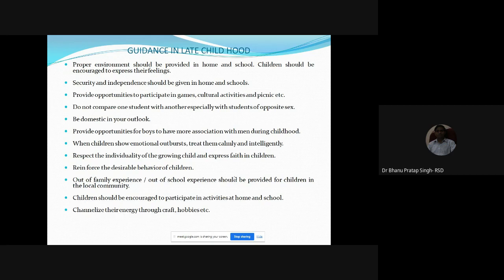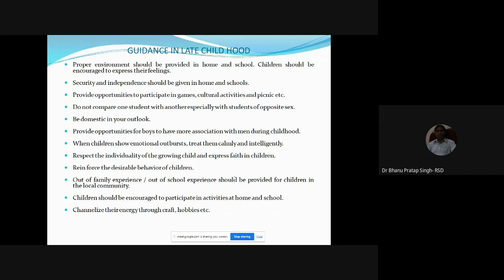So what should be the guidance? We have discussed the guidance yesterday. If we are talking about late childhood, then a proper environment should be provided in home and school. Children should be encouraged to express their feelings.